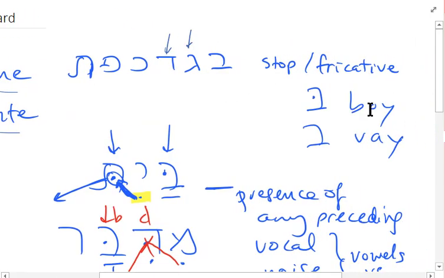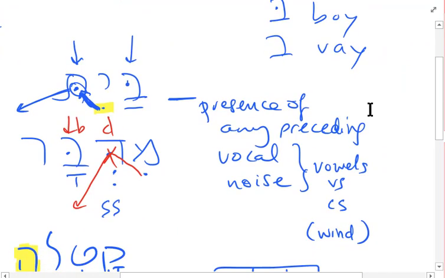The answer, this is the way I like to put it, is the presence of any preceding vocal noise can cause a Dagesh lene to go away. Think about what vocal noise is. Vocal noise is when your vocal cords vibrate. Try to hold your hand on your throat and do the A sound.